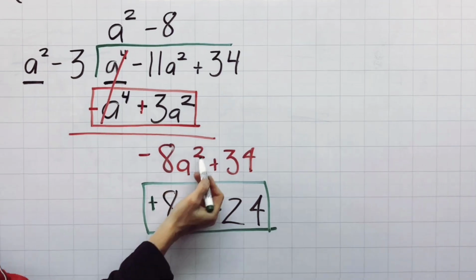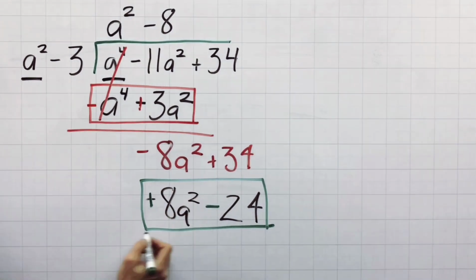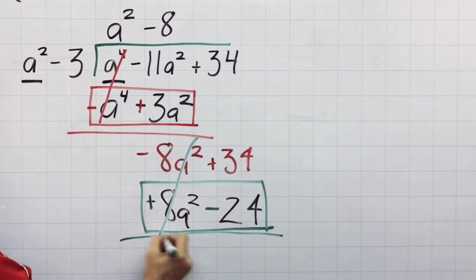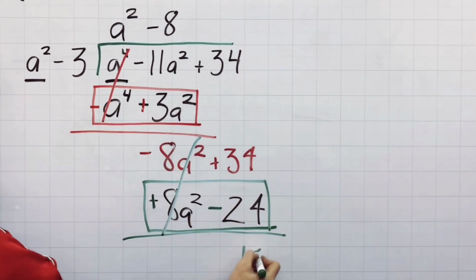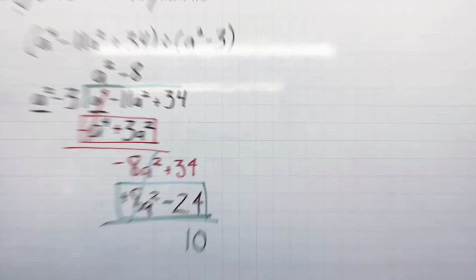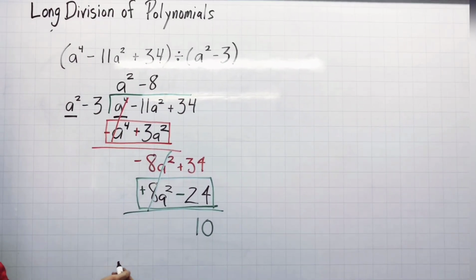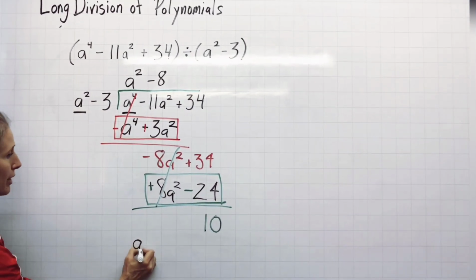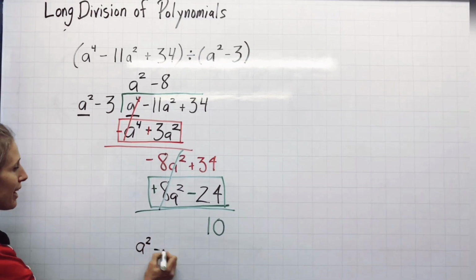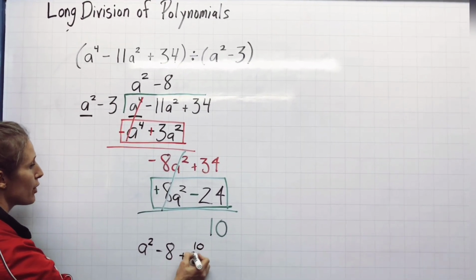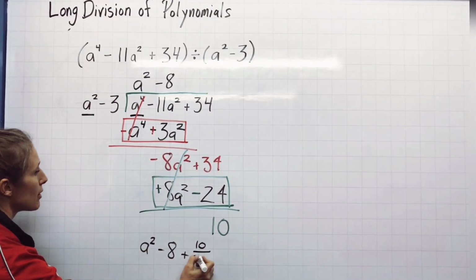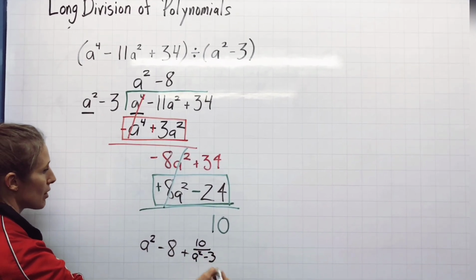So I have minus 8a squared plus 8a squared, that cancels out. I have plus 34 minus 24, that would give us 10. So our final solution is a squared minus 8 plus 10 over a squared minus 3.